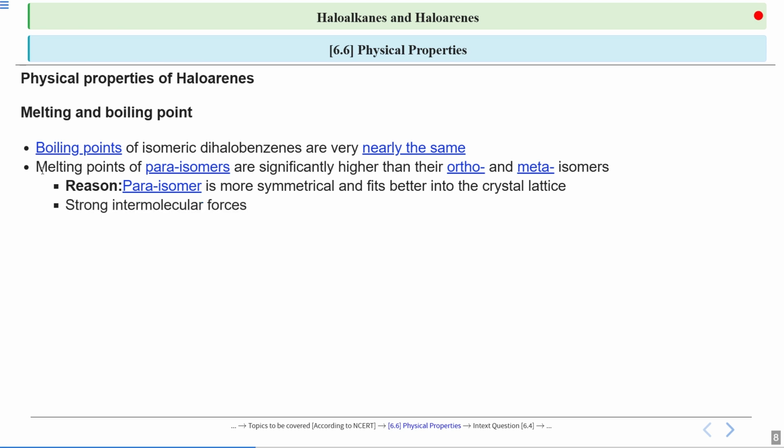Okay, so melting points of para-isomers are significantly higher. The reason we have seen is that it is more symmetrical and fits better into the solid state, into the crystal lattice. They have strong intermolecular forces. They require more energy to melt, so their melting points are higher.